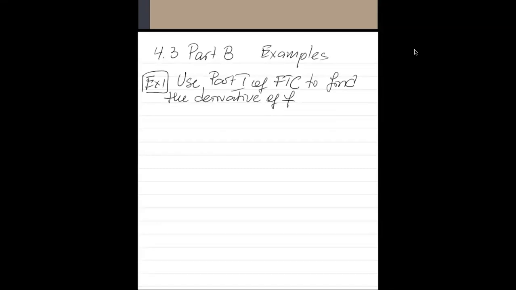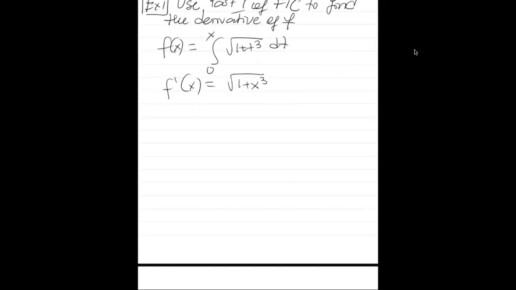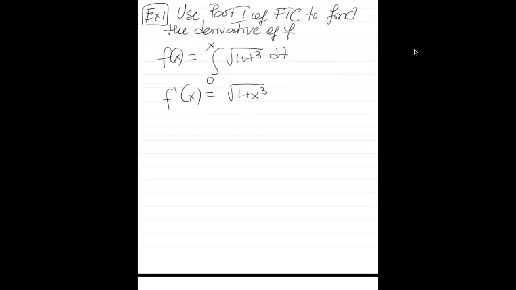F of x is equal to the integral from 0 to x of the square root of 1 plus t to the third dt. So we need to find f prime of x, which is our integrand, the square root of 1 plus x to the third. That's all. So next example.